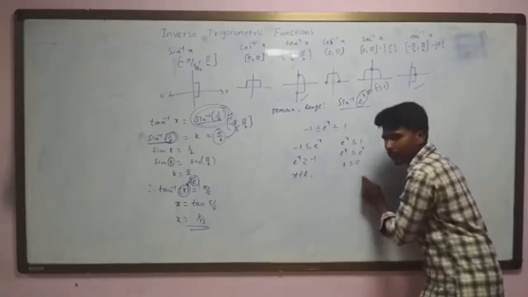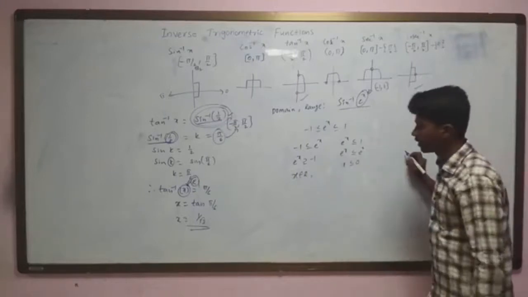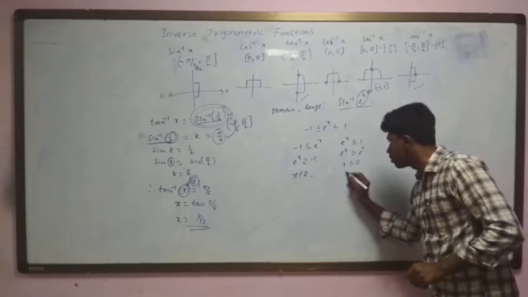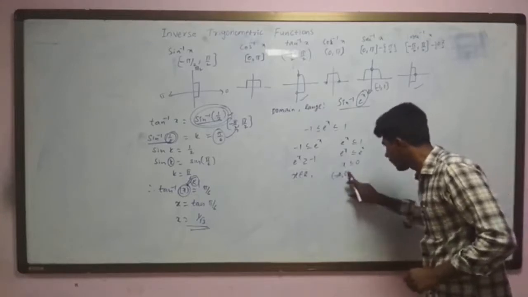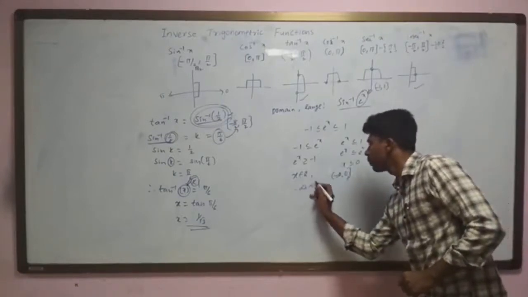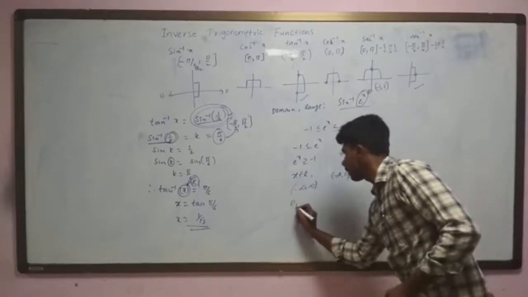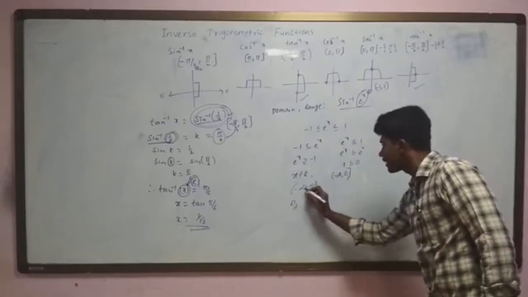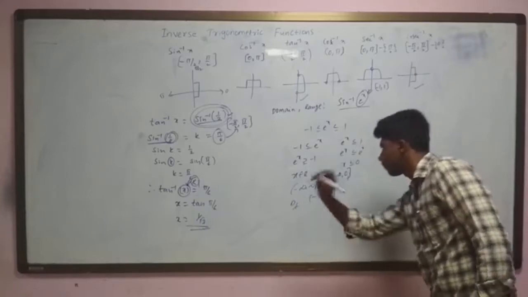The intersection of these two is the domain of the given function, which is minus infinity to 0, closed at 0. So the domain of the given function is minus infinity to 0.